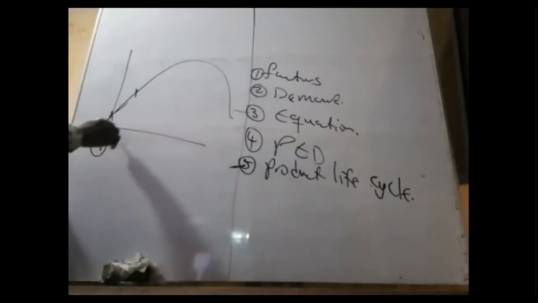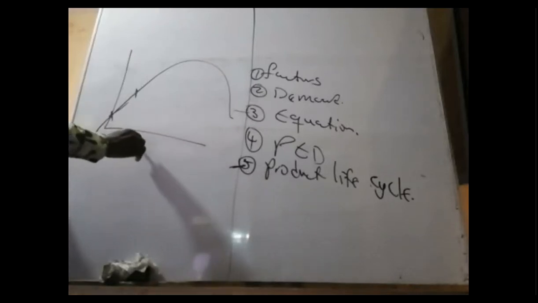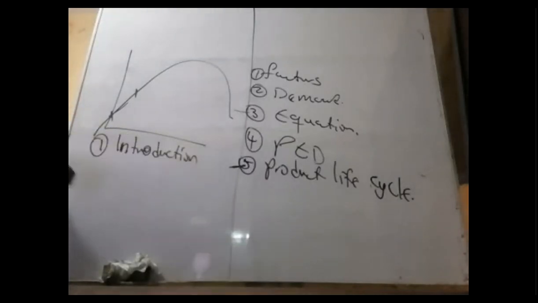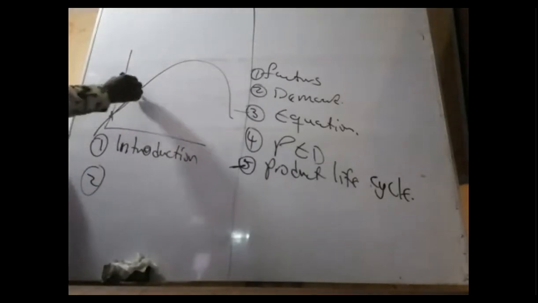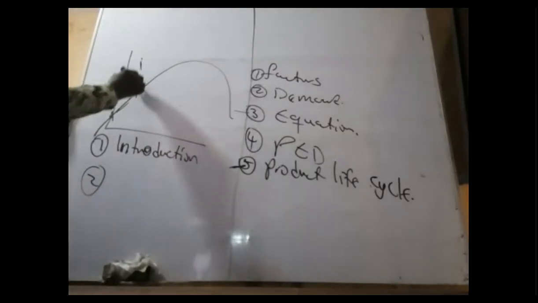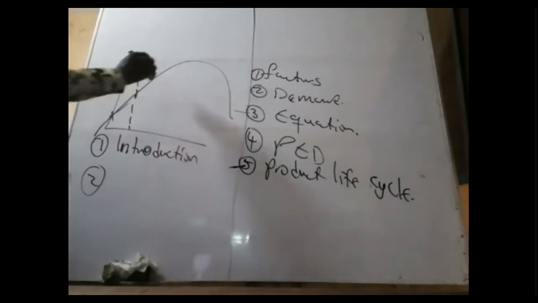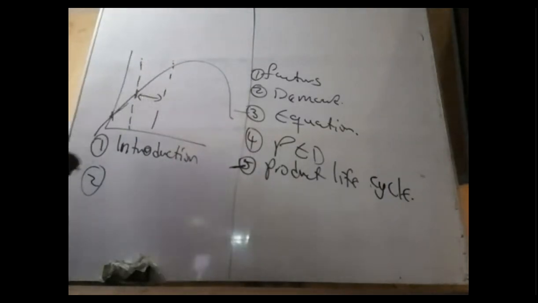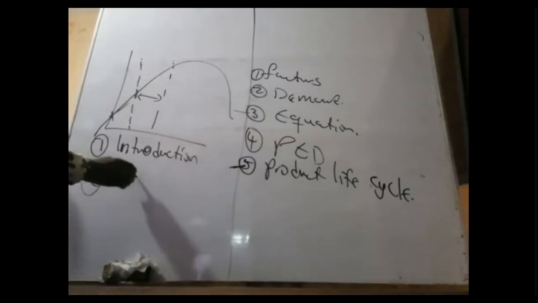So stage 1 is the introduction. Number 2, from introduction, what happens? After introduction, you have what you call growth. So this is the growth stage. The product must grow.